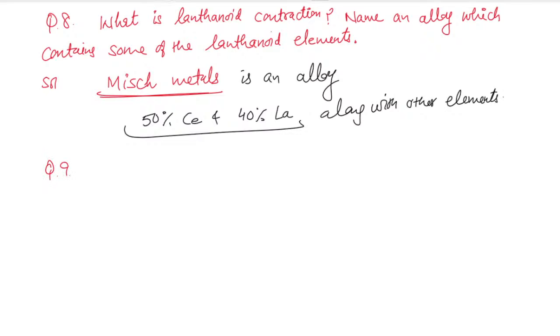Okay, question number 9. Name the transition metal which shows the maximum number of oxidation states in the first transition series that you all know. Yes, tell me.